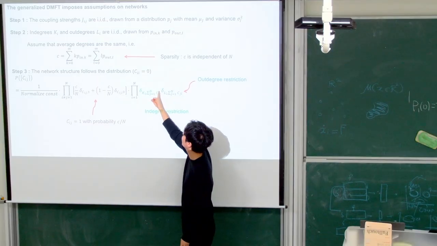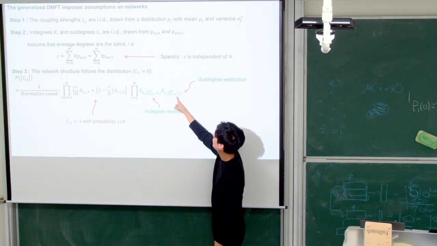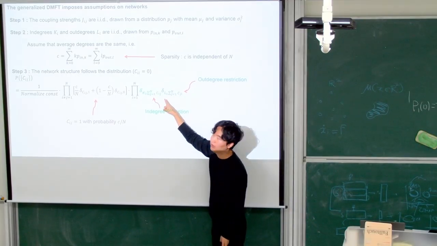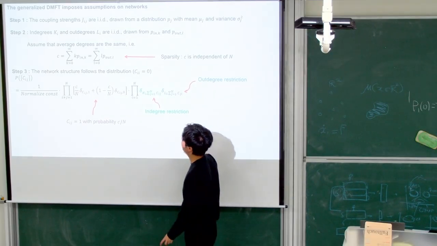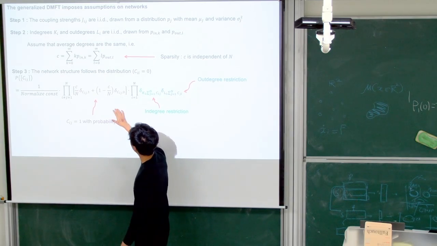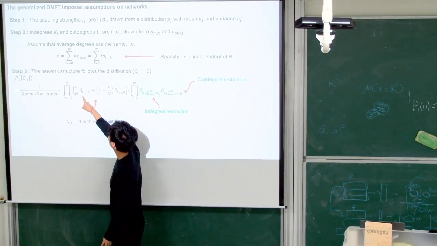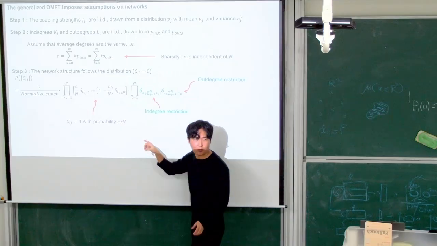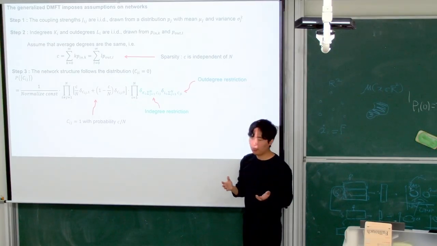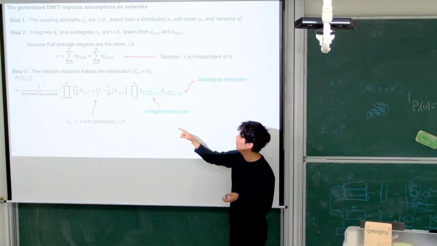You make sure that the in-degree satisfies Ki, and here also the out-degree should satisfy Li. They are the in-degree and out-degree restrictions. What is this? It means that the probability that Cij is 1 is approximately C over n. Intuitively, you set Cij to be 1 with probability C over n.